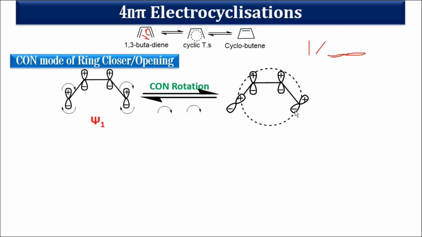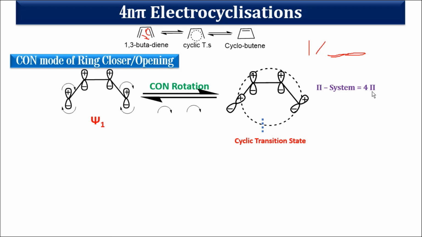If you want to identify a node, it is in between two orbitals. So plus and minus, that's why a node is present here. How many nodes? In this cyclic transition state, a node is present. So what is the system here? It is a 4n pi system, because 2 pi bonds are there, an even number, 4 pi system.